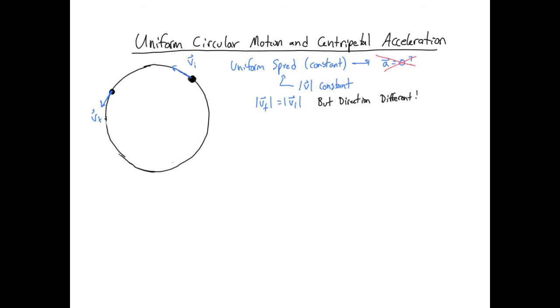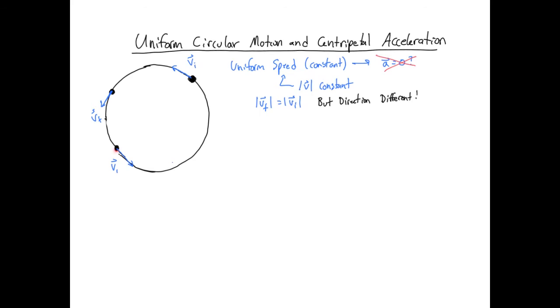In fact, what we're going to need to do is figure out a relationship which tells us what the acceleration is in a similar way that we just found a relationship for the speed, period, and size of the circle. We want a similar relationship for the acceleration. So to do that, I'm going to start with my object right here with a velocity v1, which is going to be tangent to the circle.